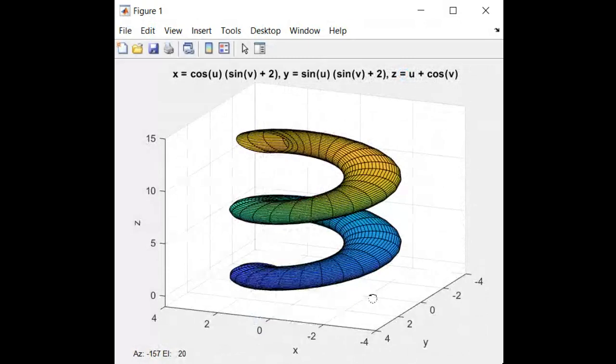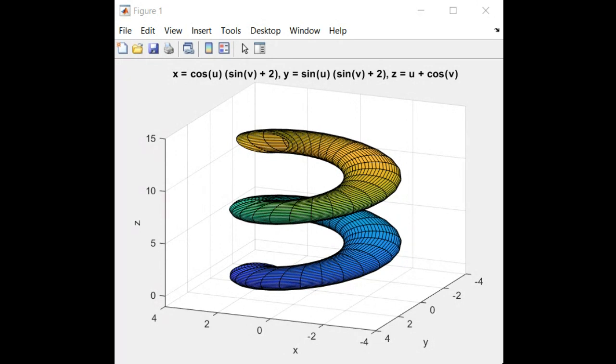So how many of you graphed this? Okay, tried it and got this picture? It's definitely a helicoid, and it resembles the helicoid in the book.